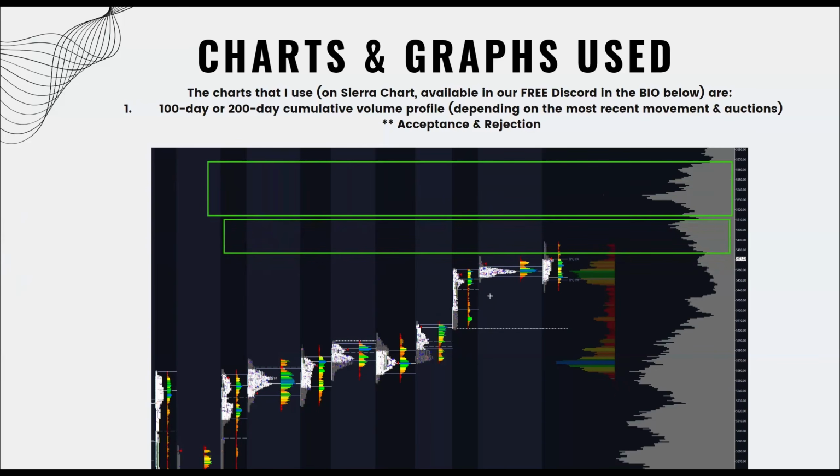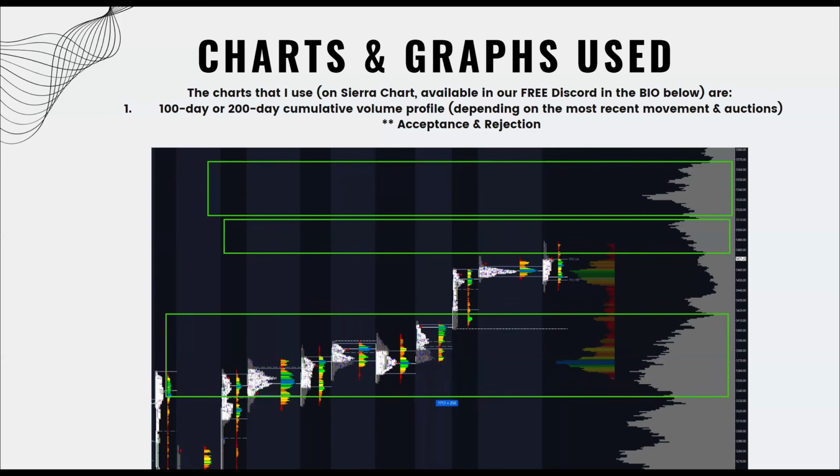So when I do that, I'm finding the fair value based on multiple days. I'm not looking at where the value areas are on these larger profiles. I'm not looking at where the POC is. I'm just looking at where the thickest area of volume is that I can enclose price, which is going to be my balance. You can see that the extremes are going to be the biggest drop-offs in volume.